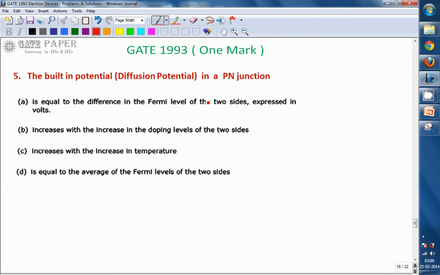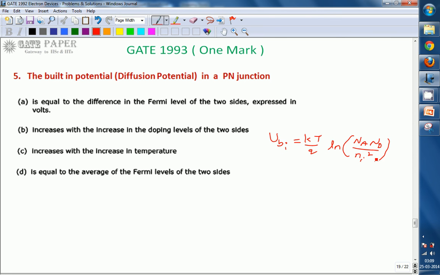Built-in potential Vbi, because we will get confusion, Vt means thermal voltage. So Vbi, the built-in potential, is equal to kT by q, natural logarithm of Na Nd divided by Ni square. This is the equation for the built-in potential.